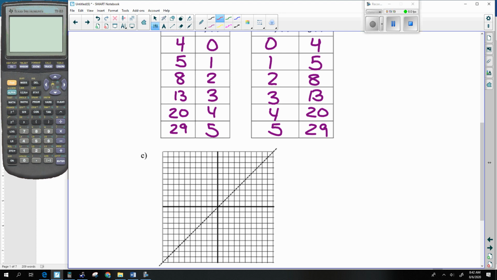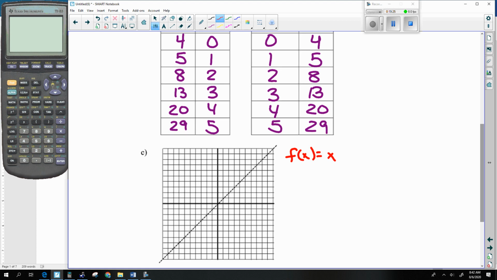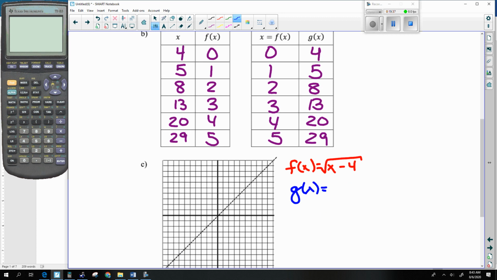Here, the f of x was x minus 4, square rooted, and the g, let me change colors here, blue, g of x is x squared plus 4.